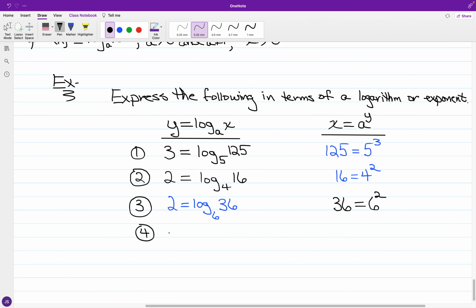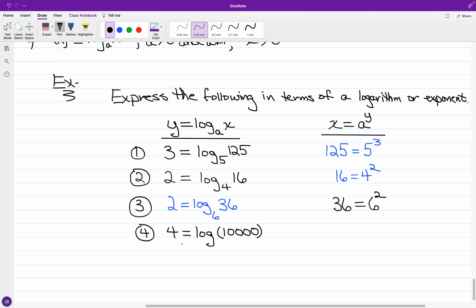And now, just for some of the implicit notation, let's say I have 4 is equal to the log of 10,000.